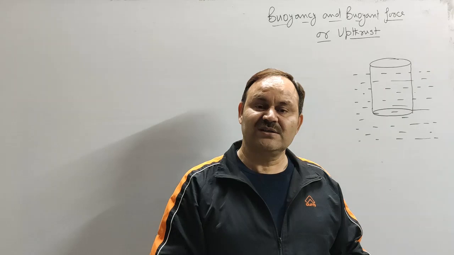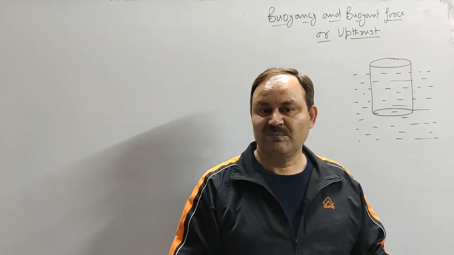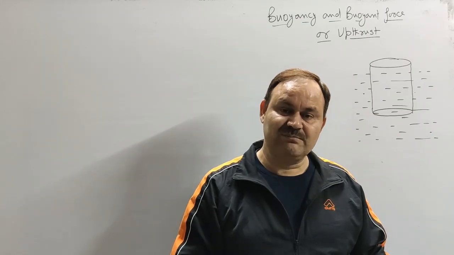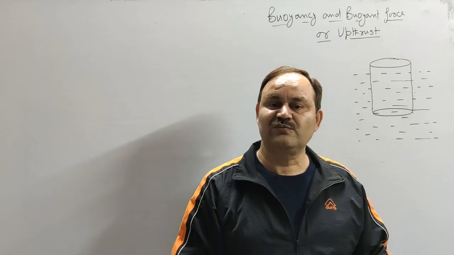It means the volume of fluid will be displaced by the body. That volume of fluid displaced will produce upthrust on the body, because upthrust will be the weight of fluid displaced by the immersed part of the body.